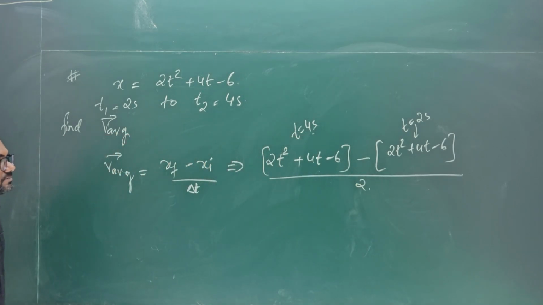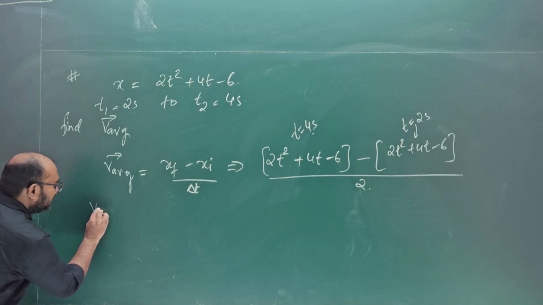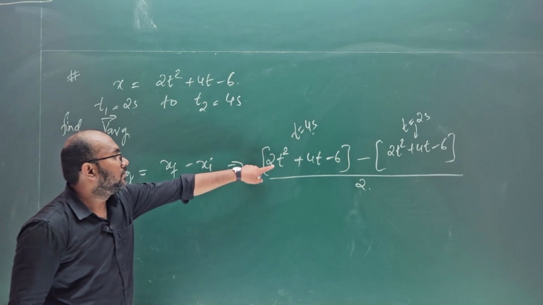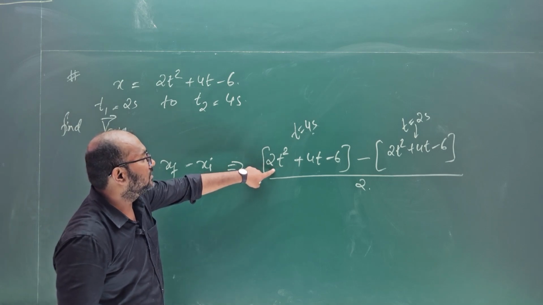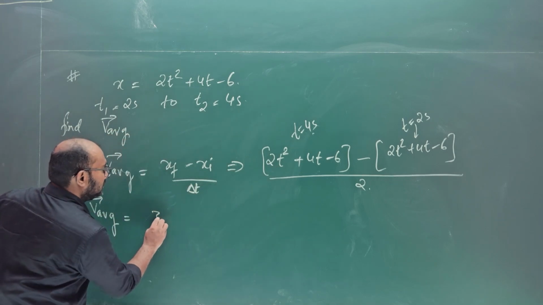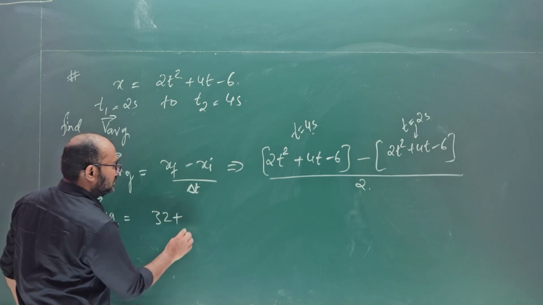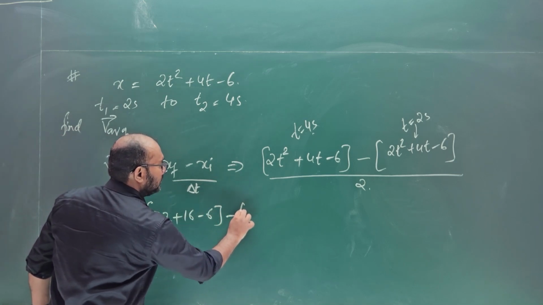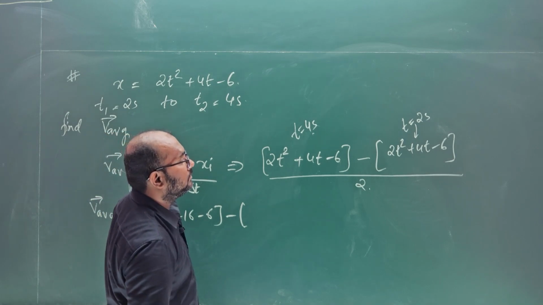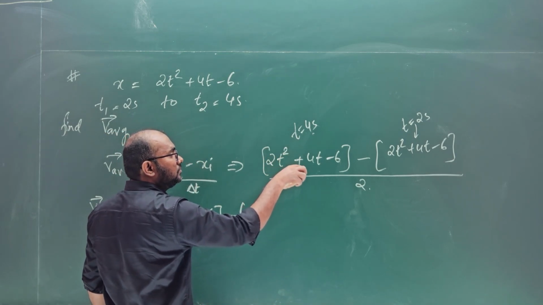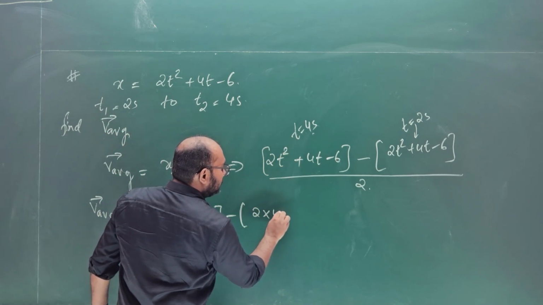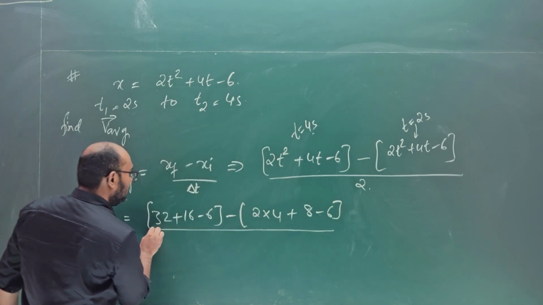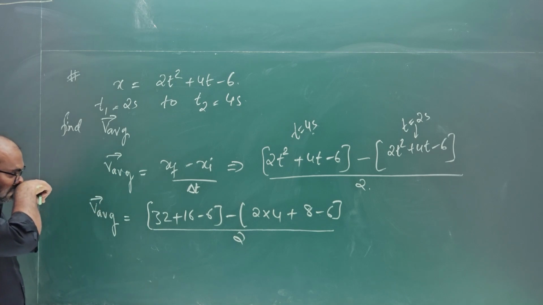After substituting the values, we get V average equal to 2 into 4 square, 16, 16 times 2 is 32, plus 4 times 4 is 16, minus 6. Then substituting t as 2 over there: 2 into 2 square is 8, plus 8, minus 6, whole divided by 2.